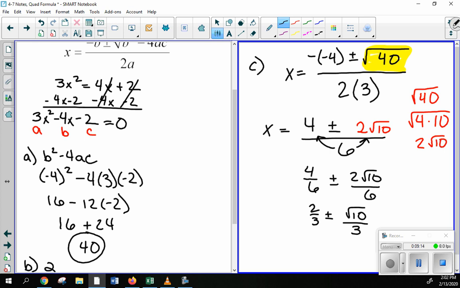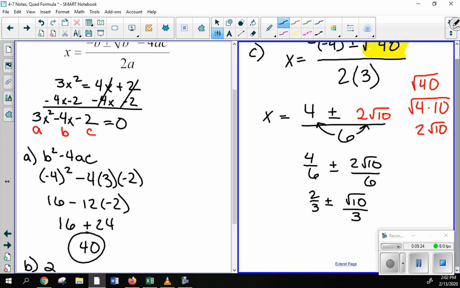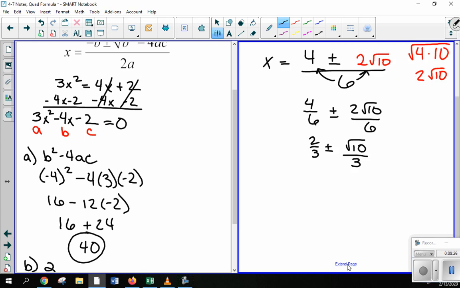On Math Excel, it wants you to put the answers either as a rounded decimal, so you plug that into your calculator, or it wants you to put it like this: 2/3 plus the square root of 10 over 3, comma, 2/3 minus the square root of 10 over 3. Sometimes they want it as a decimal, sometimes they want it like that.